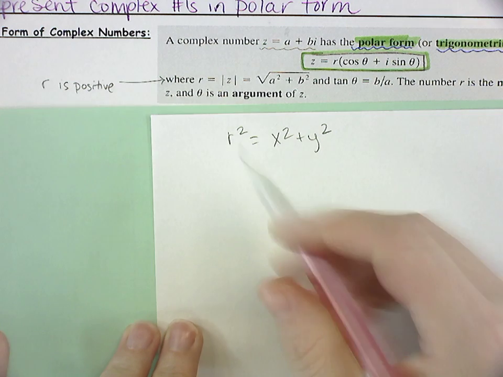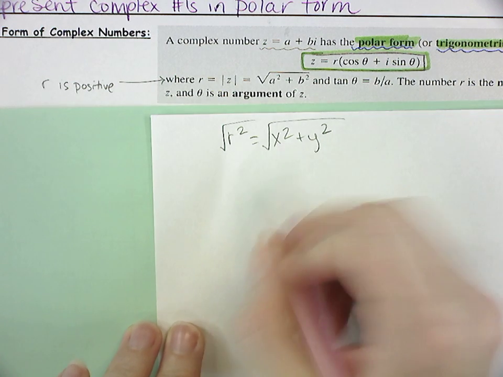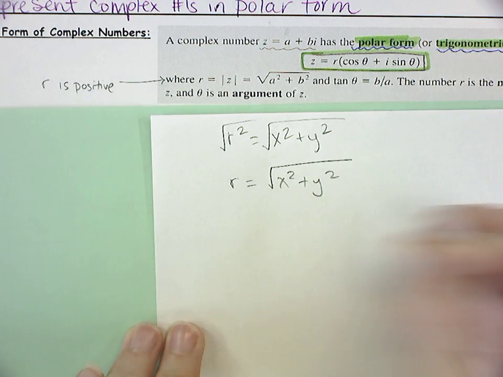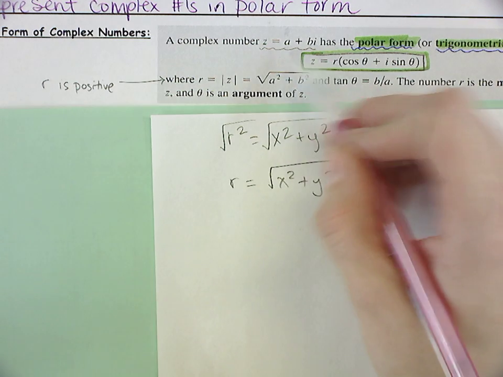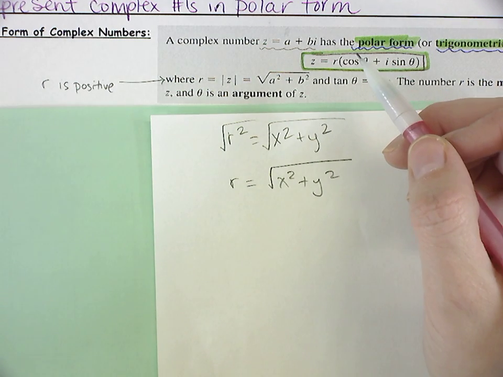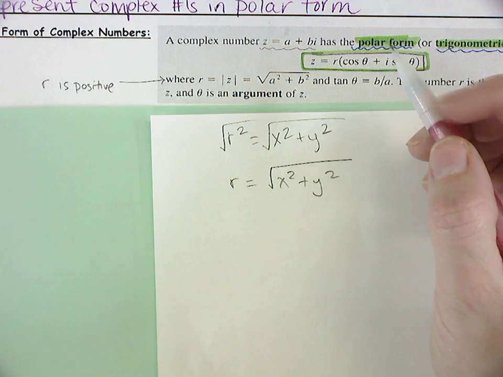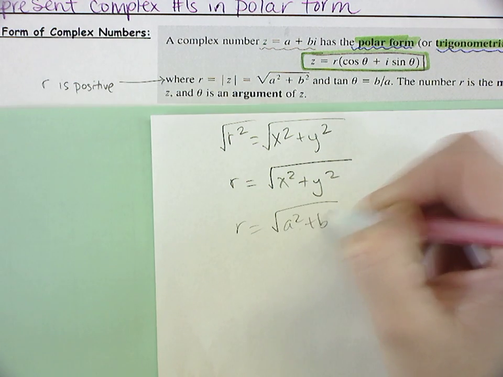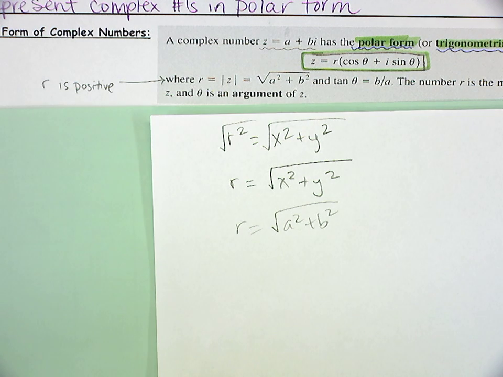Because if I were to solve this for r, I would just take the square root, right? And it would be the square root of x squared plus y squared. The only difference now is they're using a and b, but that's because we have what type of number? An imaginary. So it's in the form a plus bi, so it is the exact same thing you're used to doing to find r.